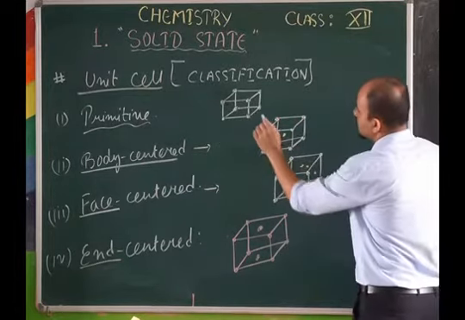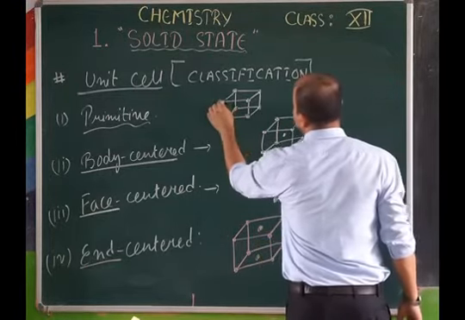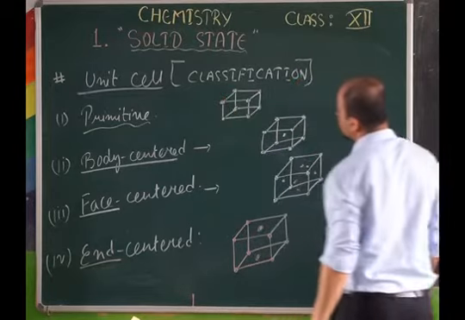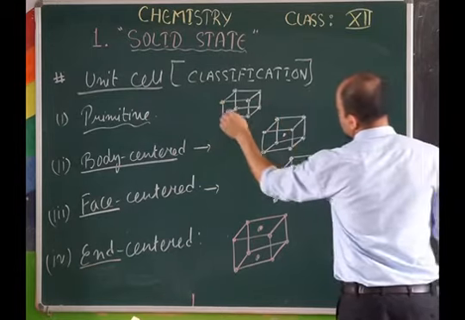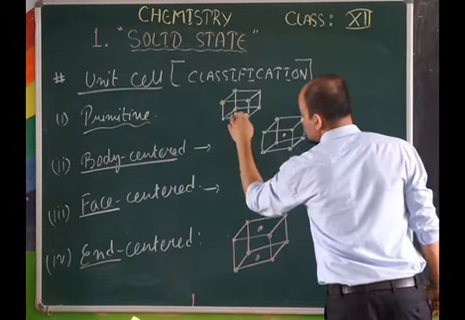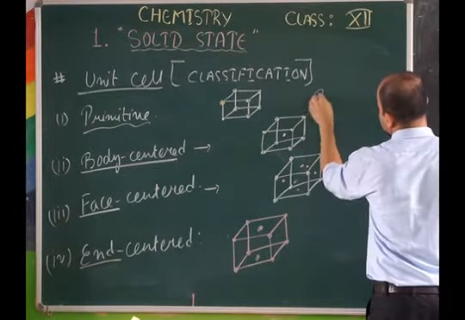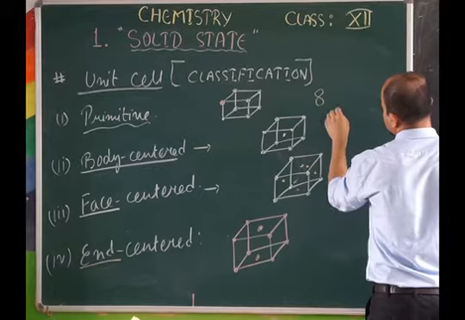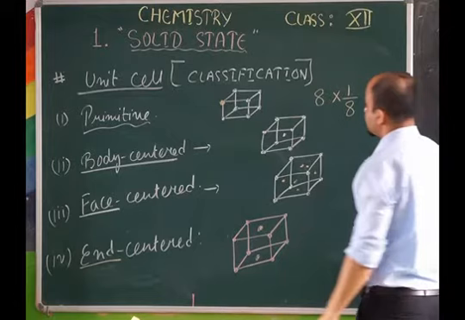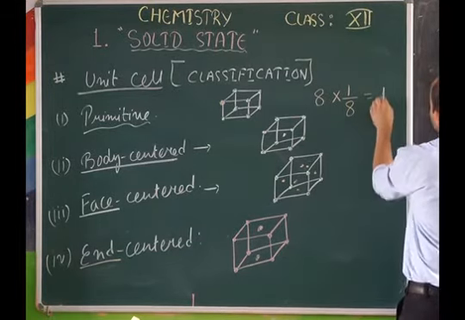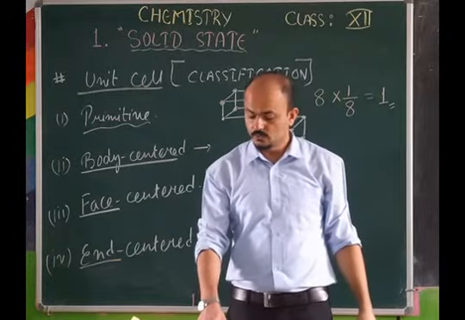Now, here itself, let me tell you, if each atom is shared by 8 cubes, then the contribution of this atom to one particular unit cell is how much? It is 1 by 8.